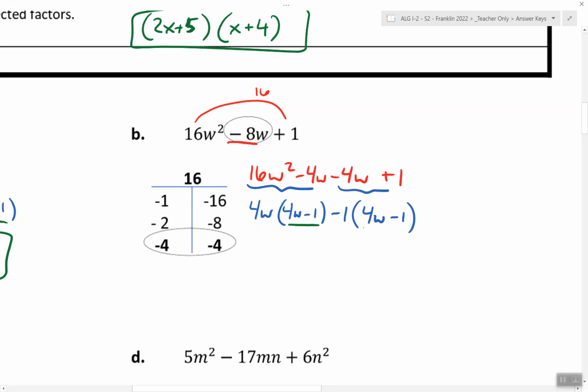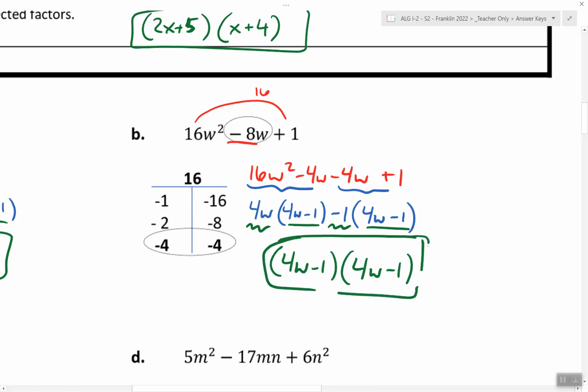So now we've got 4w minus 1 here. We actually have 4w minus 1 right there. So our two factors were the same in this problem. 4w minus 1 times 4w minus 1.